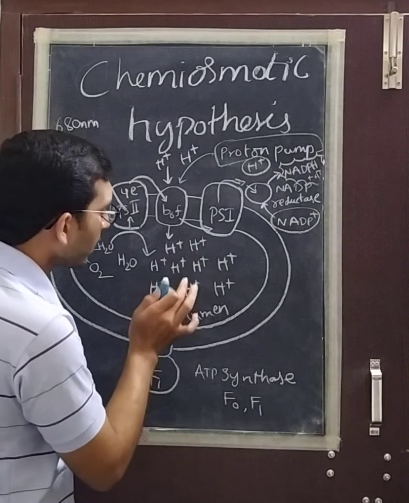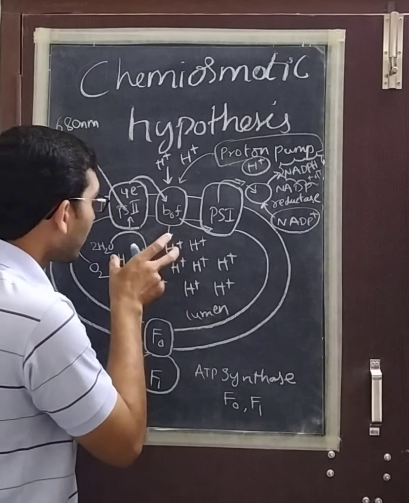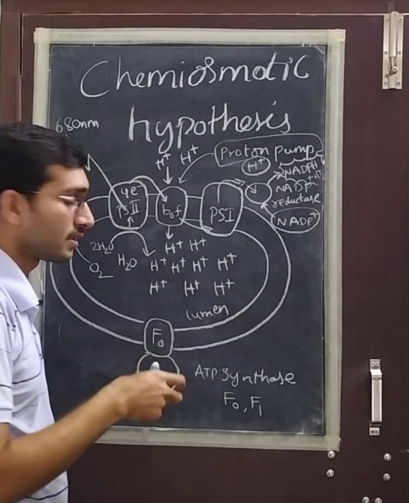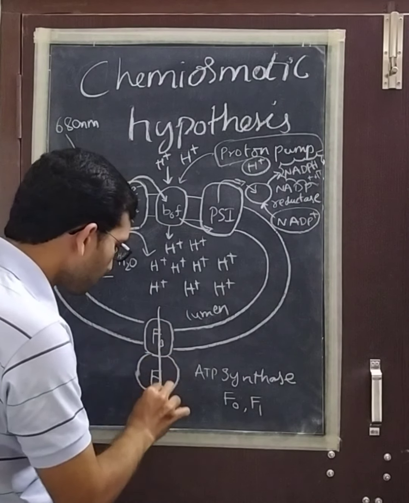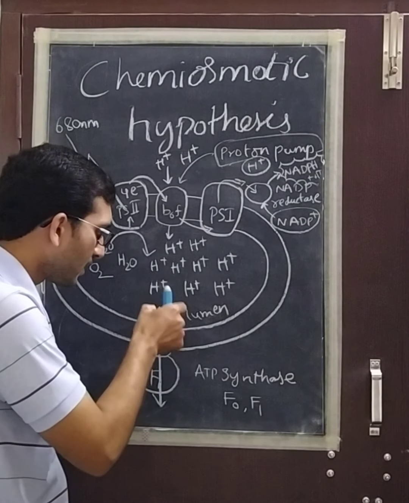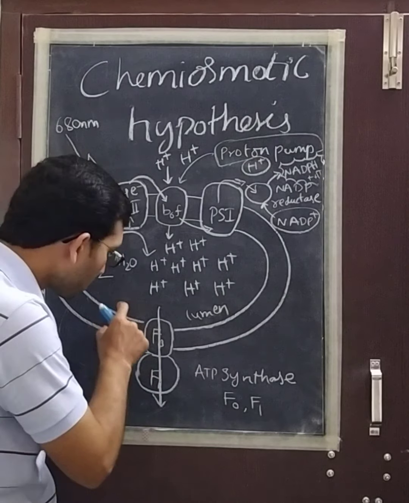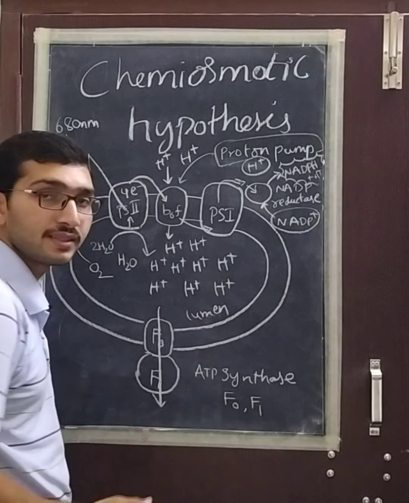So definitely the H plus ion concentration increases inside the lumen, and this creates the gradient and allows these H plus ions to slowly facilitate diffusion. Here the facilitated diffusion takes place through the transmembrane, which consists of ATP synthase.